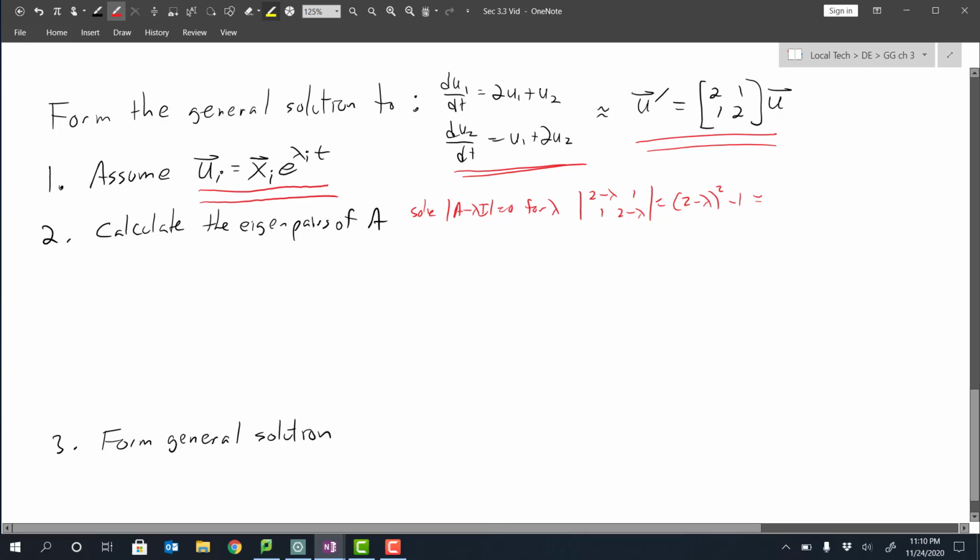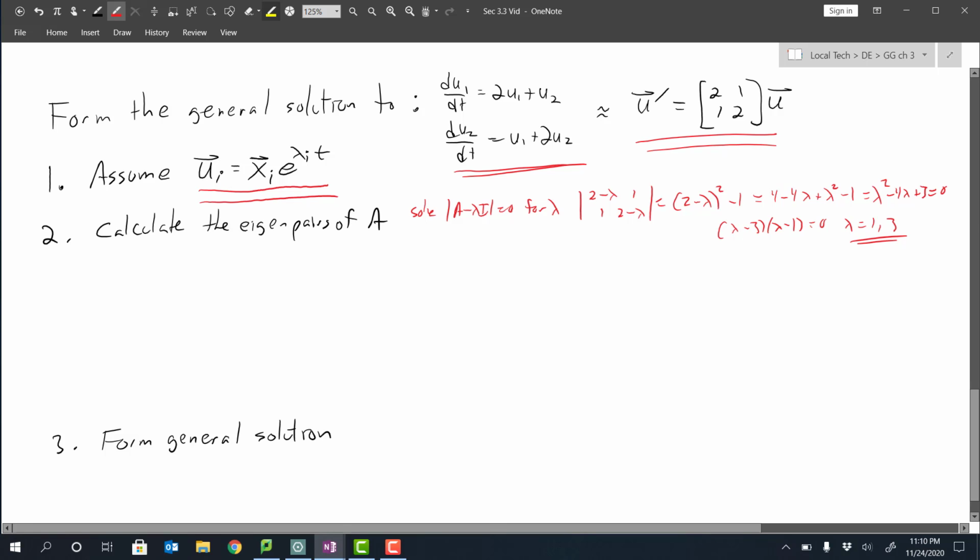I'll expand that to get 4 minus 4 lambda plus lambda squared minus 1, which in this case should give me lambda squared minus 4 lambda plus 3. And the question is, when is that equal to 0? I'll factor that to be lambda minus 3 and lambda minus 1, and that is equal to 0 when lambda is equal to 1 and 3. So I've been able to calculate my eigenvalues.